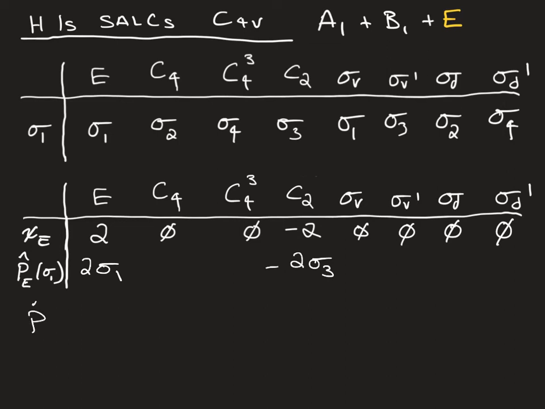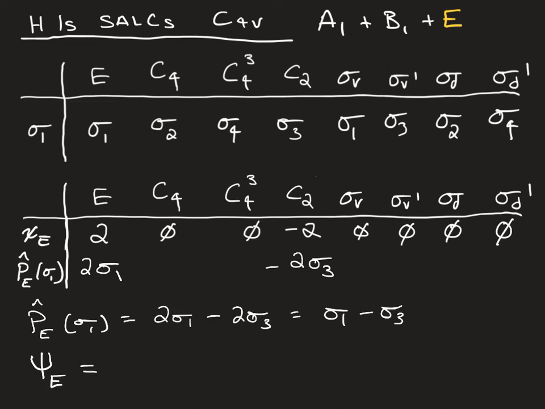So the projection that we get is this, and the wave function is going to be 1 over root 2 sigma-1 minus sigma-3.